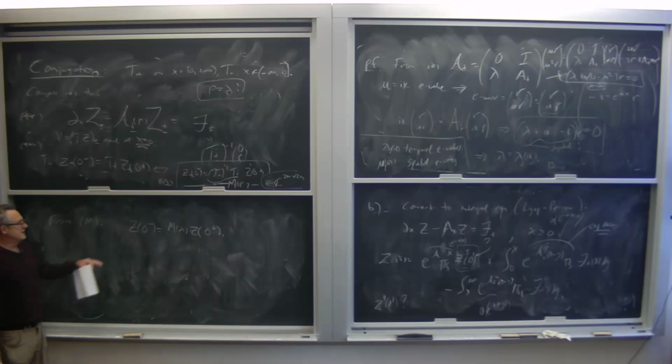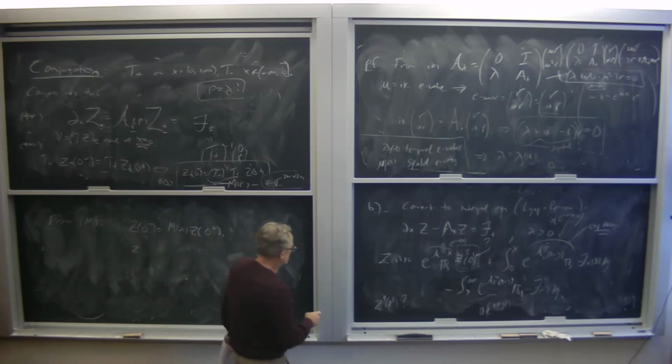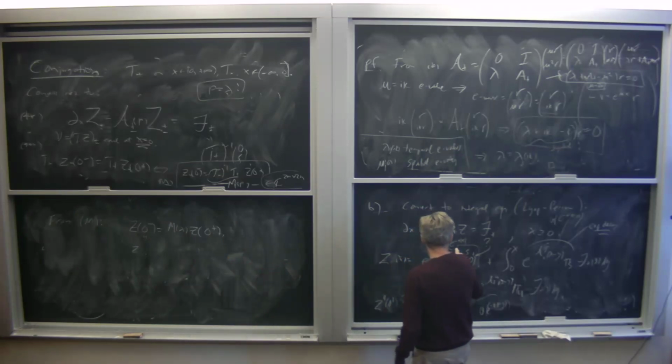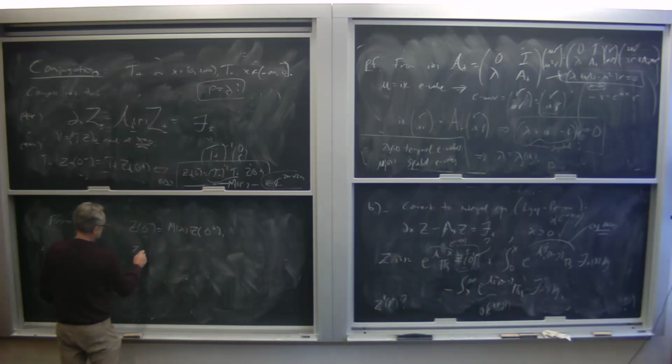But we don't need all of this. Okay, z of 0 minus, let me be careful here. I want z unstable and z stable.